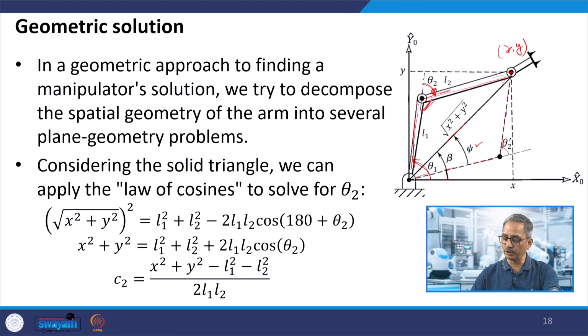This angle is going to be 180 plus theta 2. It is basically 180 total minus minus theta 2, so it is 180 plus theta 2. So, I can apply the cosine law, and from here I can get the value of cos theta 2.